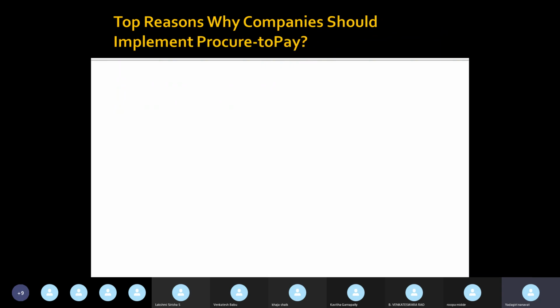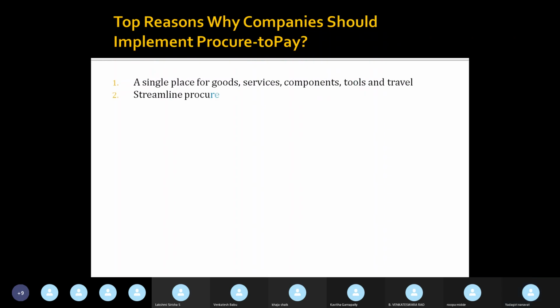Top reasons why companies should implement the procure to pay process: a single place for goods and services, components, tools, and travel. A streamlined procurement process, so there is no disturbance in the process and it will not take much time. Supplier contract, legal, tax, and policy compliance.